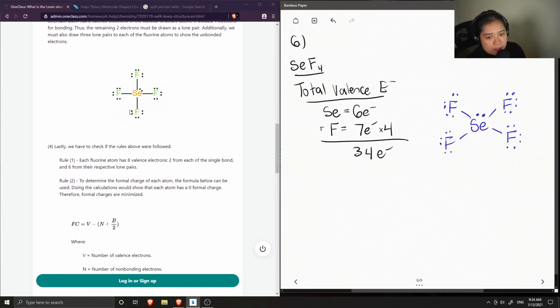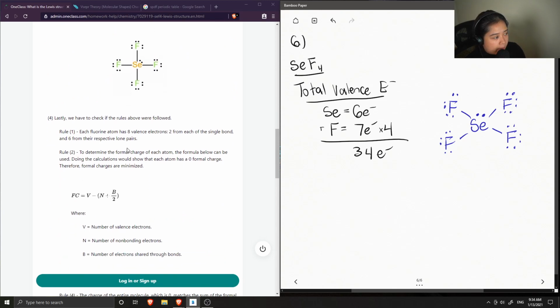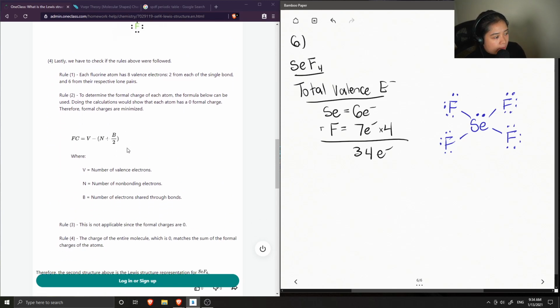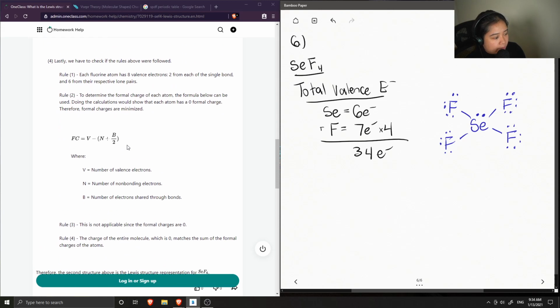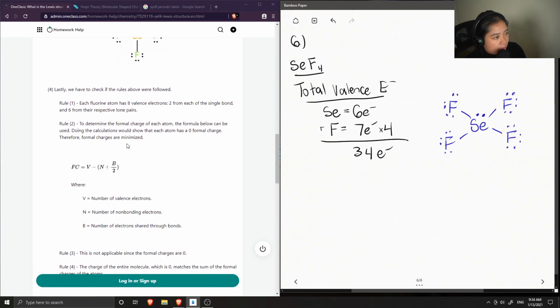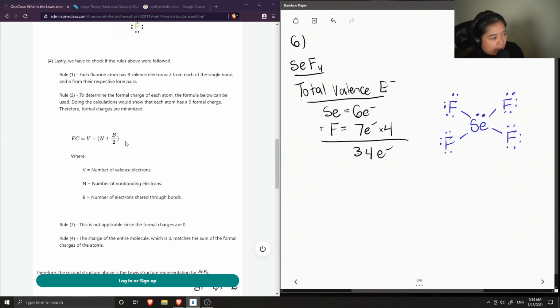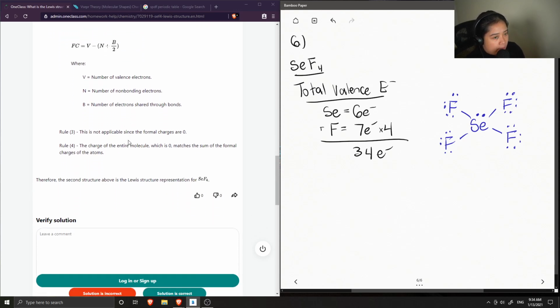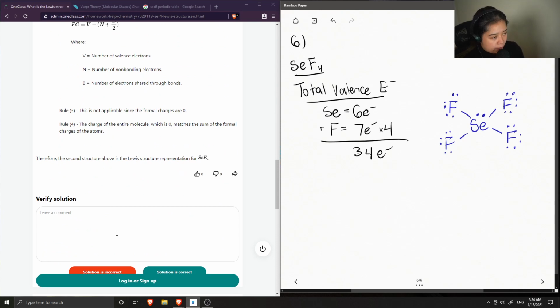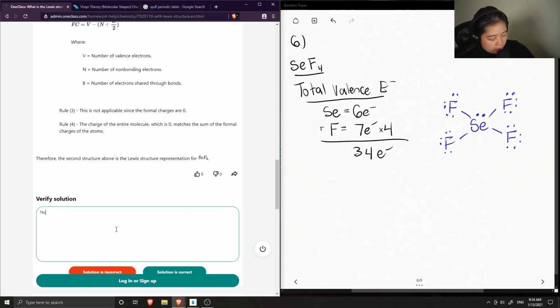And they got the same Lewis structure as well. They also explained how one would calculate the formal charge, which is good. And for this neutral molecule, it should add up to 0. So the solution is correct.